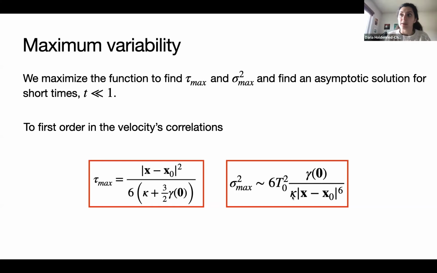It's inversely proportional to the thermal diffusivity, again, because if the system equilibrates faster, you might expect that you might not be able to have the same amount of variability. And the dependence on the displacement is totally consistent with a diffusive Green's function.